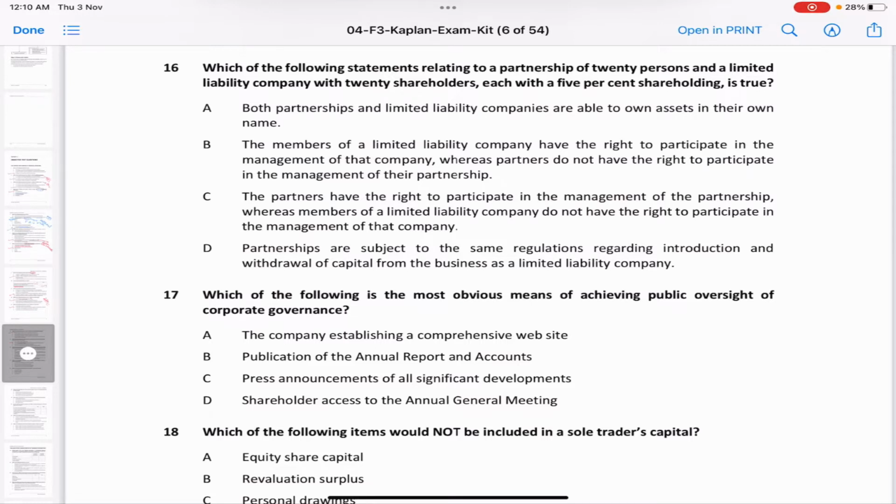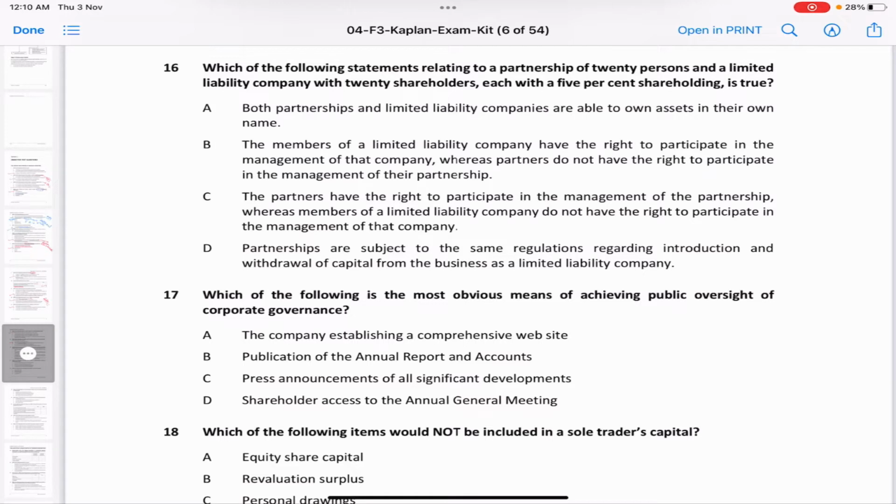Because we know that partnership and the owner do not have a separate legal entity, they have the same legal entity, so that is not true. The members of a limited liability company have the right to participate in the management of that company, whereas partners do not have the right to participate. That's not true. Even partners have a right to participate, right? So even this is not true.